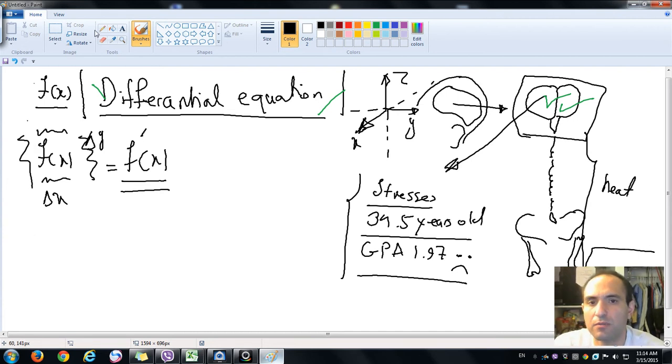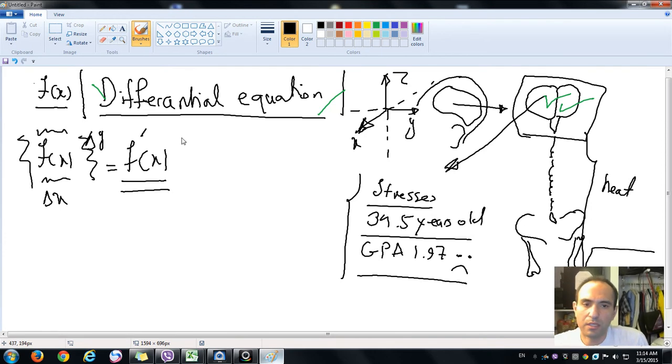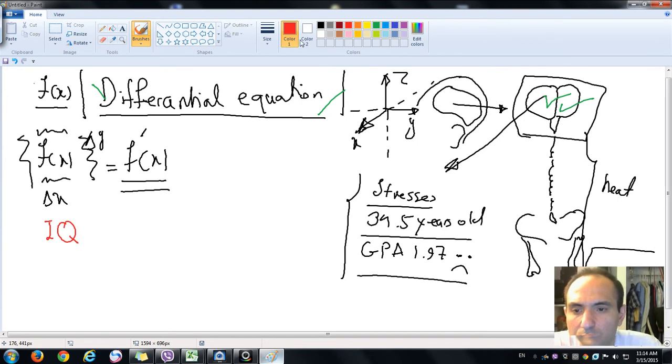So I explain. The thing is, in real life, when I was talking about IQ, in my opinion, for any IQ, you need to see the delta of this IQ.